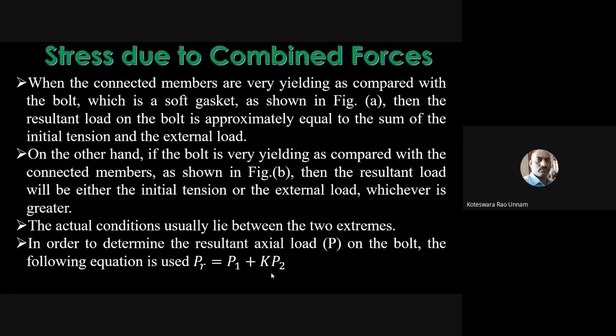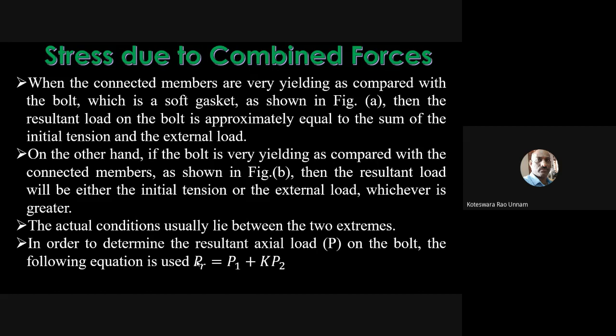We simply pick the K value from the data book for the given condition, from table 8.2. This formula is also available: PR is equal to P1 plus K times P2. That formula is given in the data book.